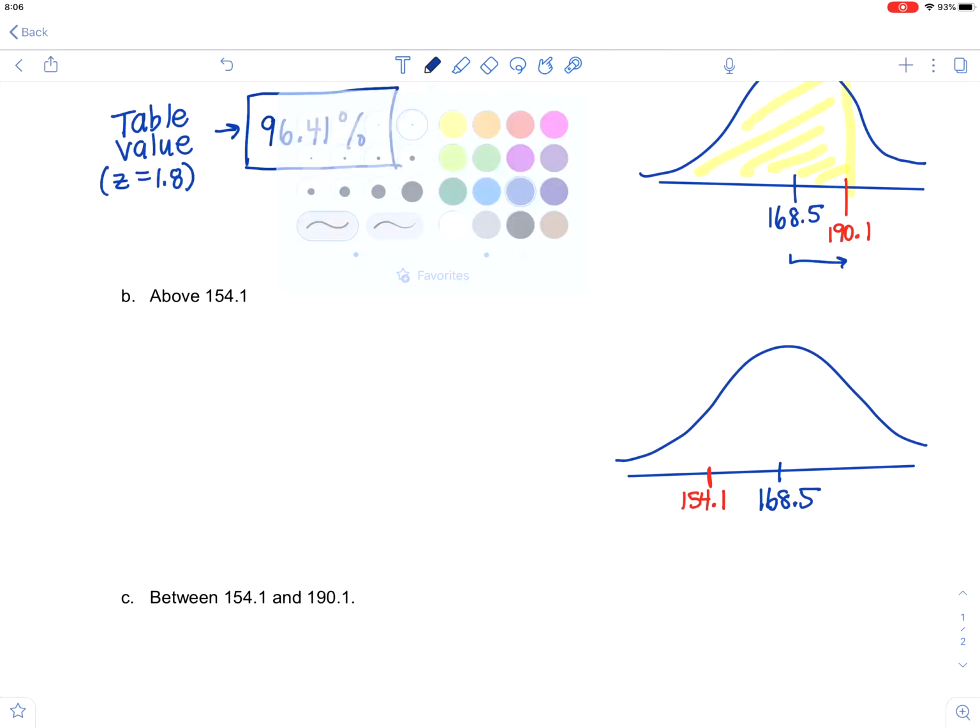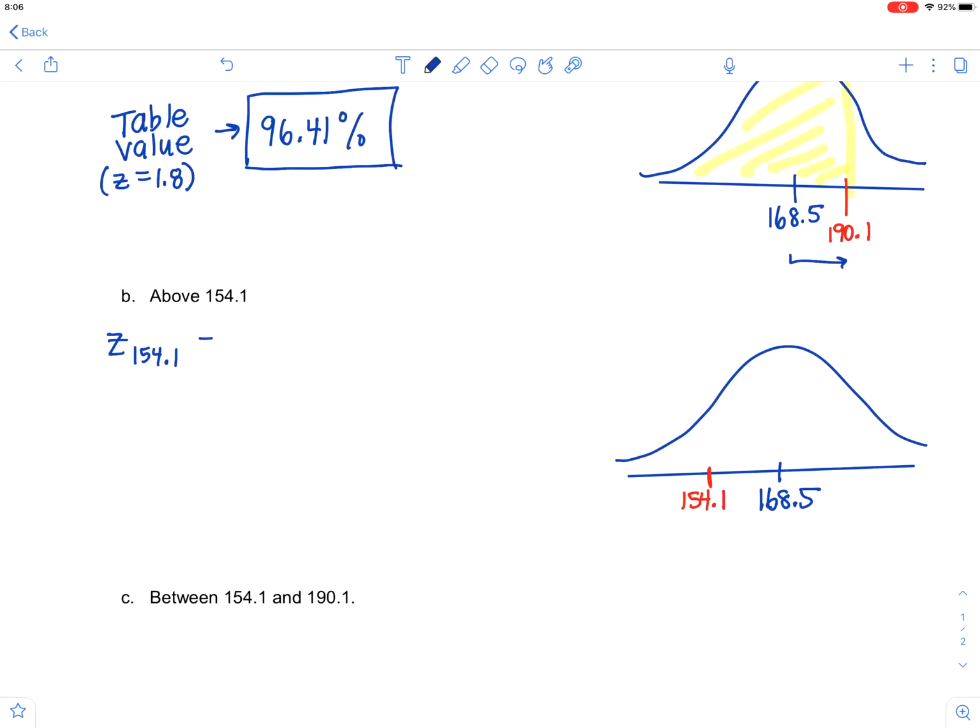So let's start by calculating the z-score for 154.1. It's the data minus the mean, the mean is 168.5, divided by the standard deviation. This is negative 14.4 divided by 12, which is negative 1.2. So that's telling you the score of 154.1 is 1.2 standard deviations below the mean.